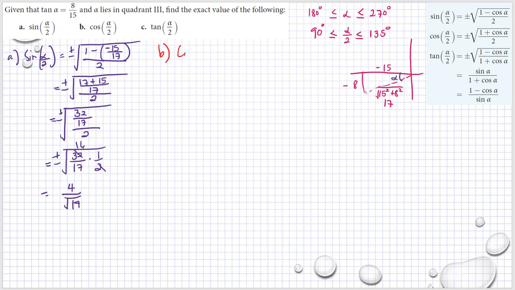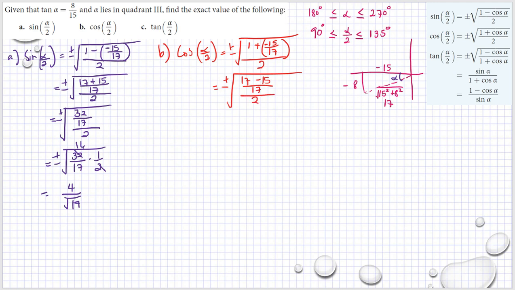B. We have cosine alpha over 2 is equal to plus minus square root of 1 plus, oh sorry, negative 15 over 17, divided by 2. Square root of, we have 17 minus 15 over 17, over 2.